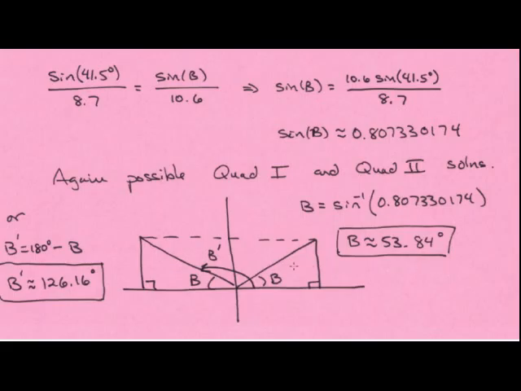If we do the reflection of that triangle into the second quadrant, then angle B stays over here. It becomes the reference angle for our new angle. And so our second possible angle is going to be 180 minus that value of B. So a second possible value for B is 126.16 degrees.